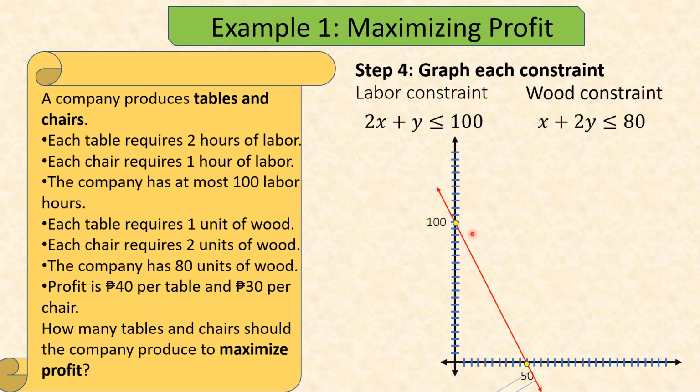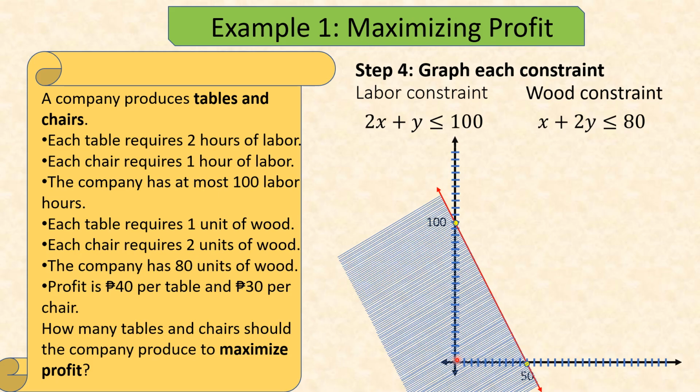The less than 100 here is below 100, while less than 50 is below 50. So that means if we're going to shade this graph, it will look like this. Okay, so we will grab the lower part of the graph.